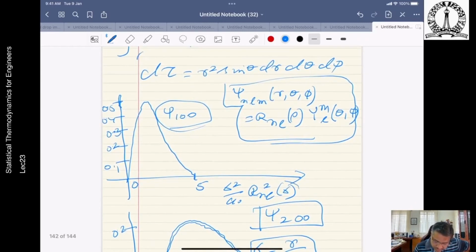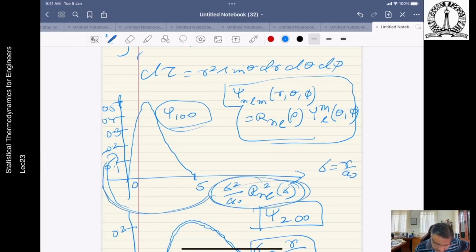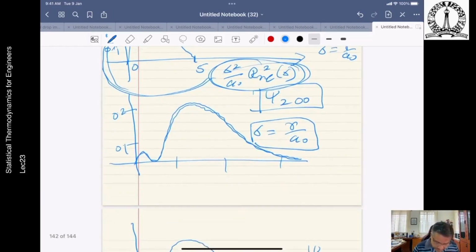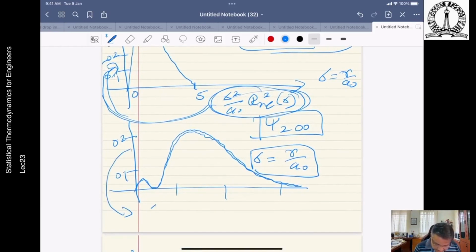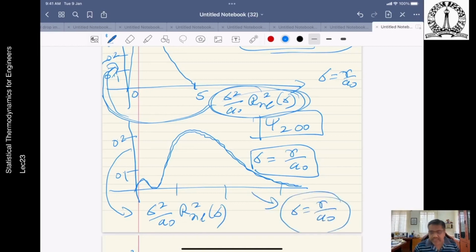This is what we have plotted with respect to the radial portion, where sigma equals R by a0. So this axis is sigma squared over a0 times R n l squared, whereas the x-axis is sigma equal to R by a0, a dimensionless radius.